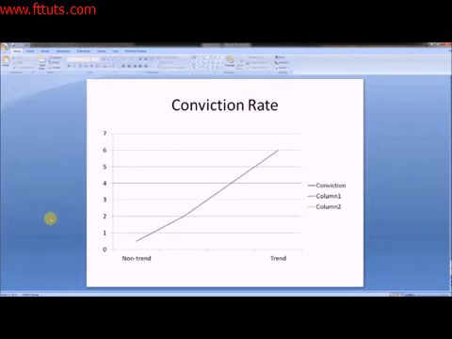So the market's conviction rate should always be in line with your conviction rate as well. That's why, as your conviction weakens on a trend day, it's much harder for you to trade. And when the market's convicted in direction, it's much easier for you to trade because you have a higher degree of conviction as well. So of course they go hand in hand.